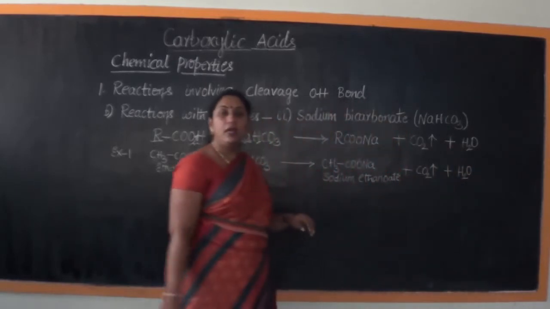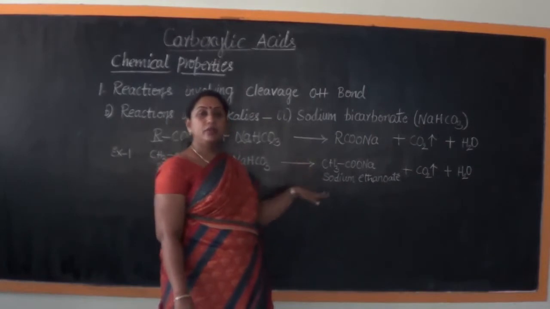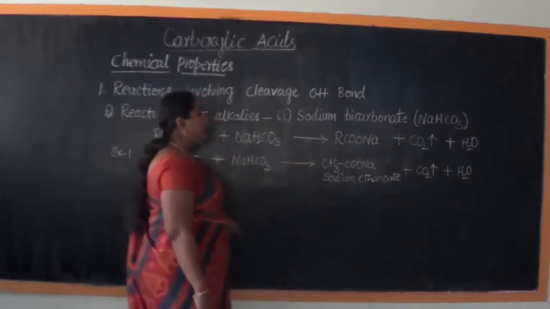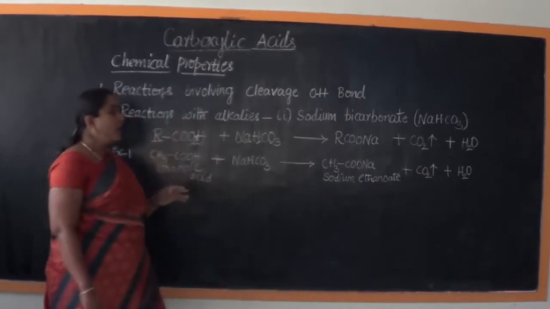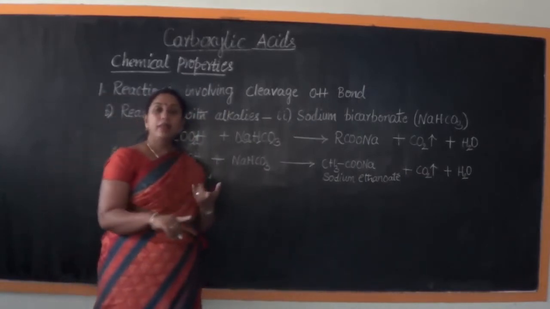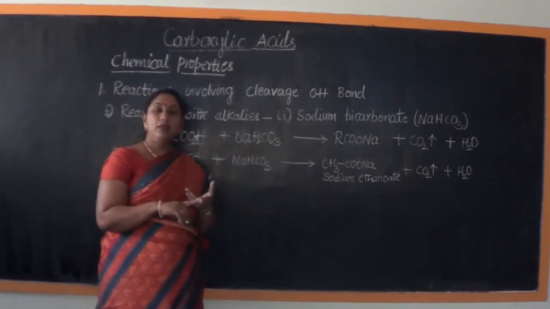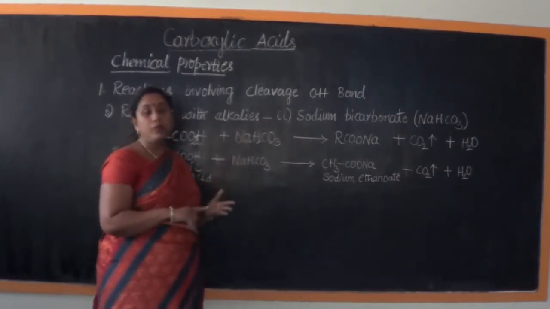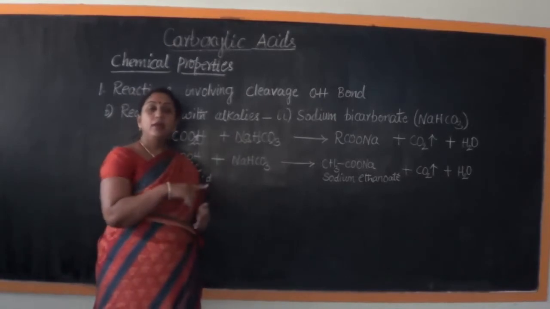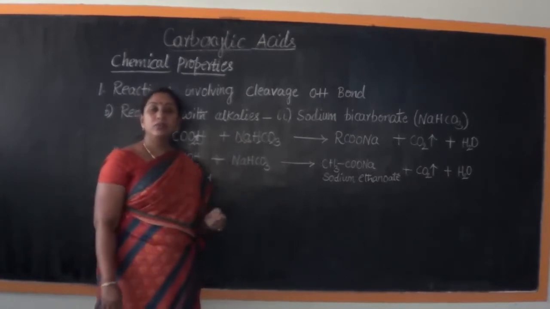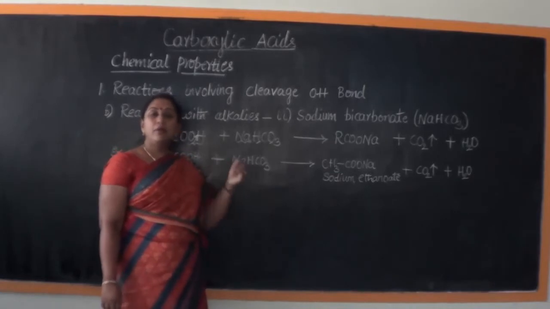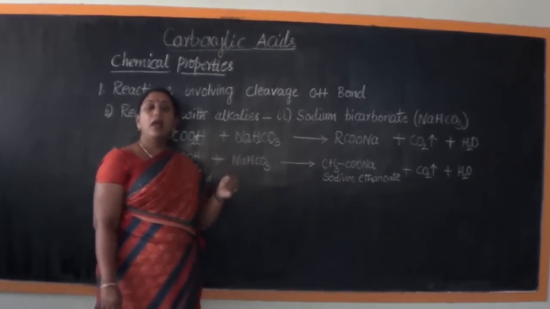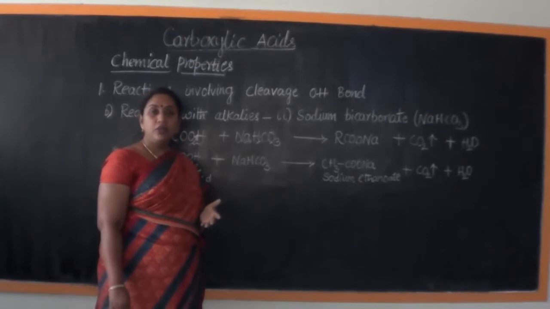This reaction is a distinguishing reaction between phenols and carboxylic acids. And in fact, the reaction with metals, reaction with alkali like sodium hydroxide, sodium bicarbonate or sodium carbonate, these are all the reactions which show that carboxylic acid is having acidic nature in it.